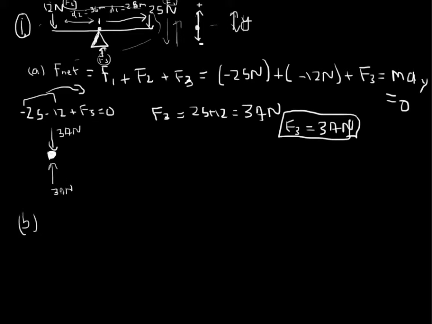So now what about the moments? If the question tells you that the beam is in equilibrium as far as moments or rotation, then you can immediately assume that the net moment or torque is 0.